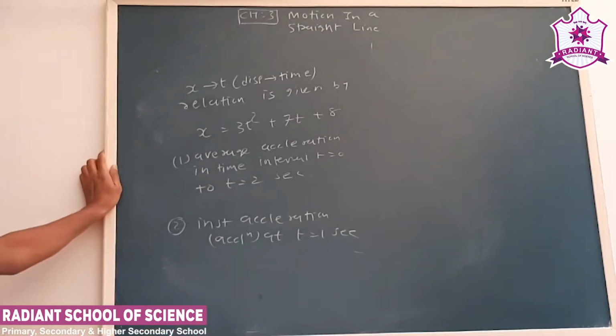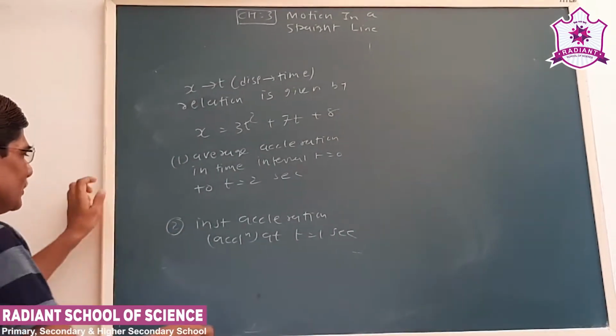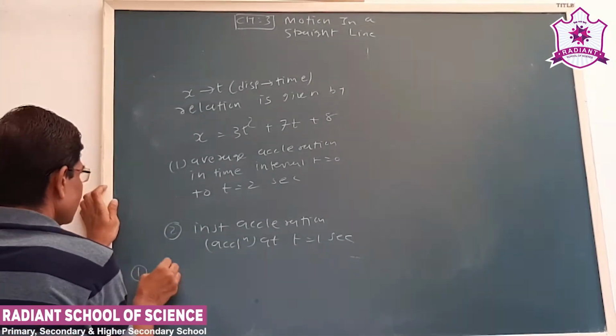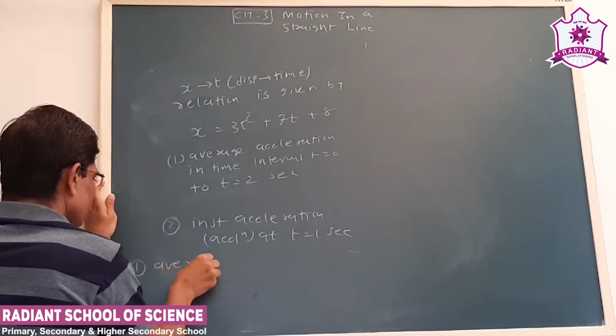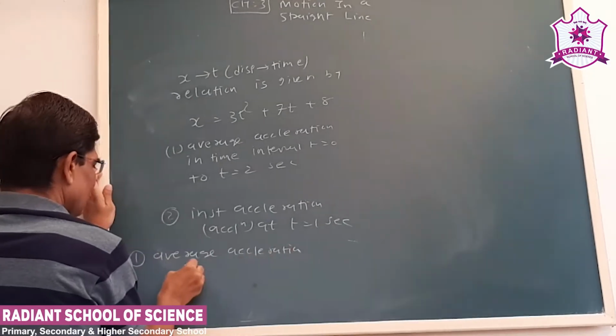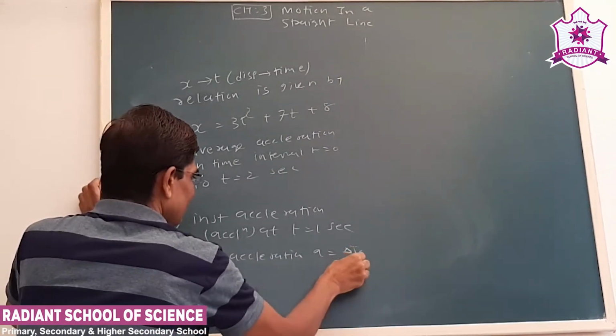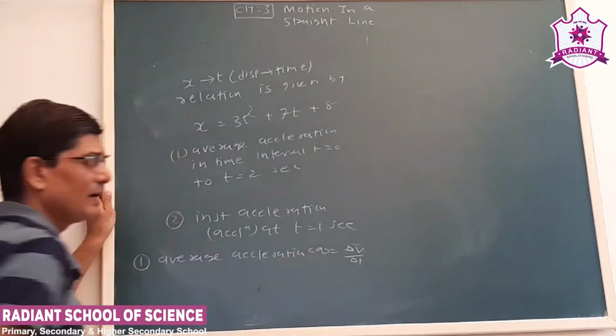Now first we have to find out the average acceleration. We know average acceleration is delta v by delta t.